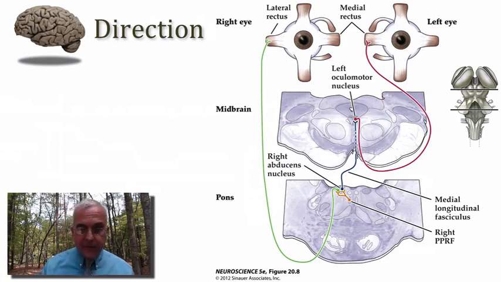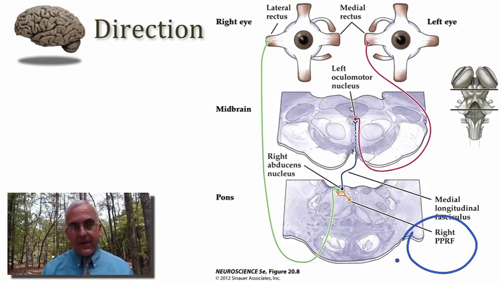And what's illustrated in figure 20.8 is the circuitry that coordinates the horizontal movements of the eyes. And that circuitry in the reticular formation is known as the PPRF, and that stands for paramedian pontine reticular formation. One way to think about this circuit is a set of interneurons that are integrating signals that may be command signals from other motor structures, or they may be sensory signals.